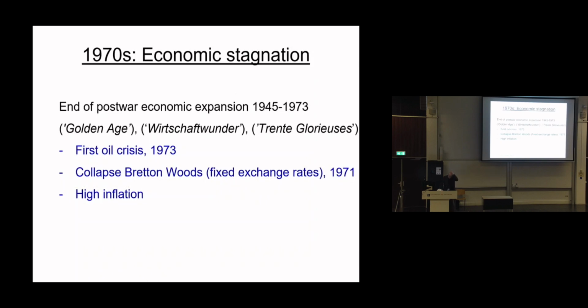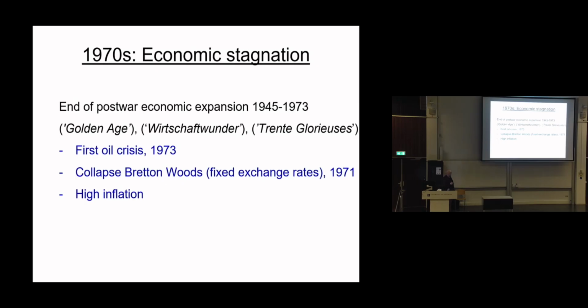All right, so the EEC6 was successful, but unfortunately in the 1970s we met economic stagnation. It was the end of the post-war growth expansion, the golden age, the golden years, in German das Wirtschaftswunder, or the Trente Glorieuses in French. Basically, a series of events caused a crisis in the 1970s. First the oil crisis.